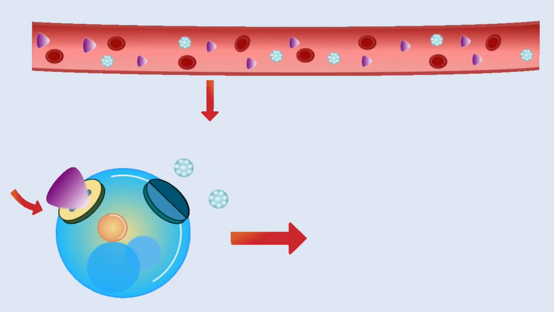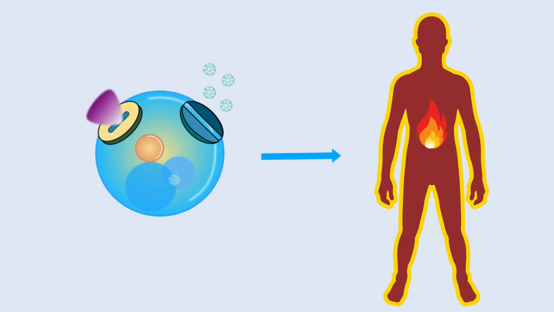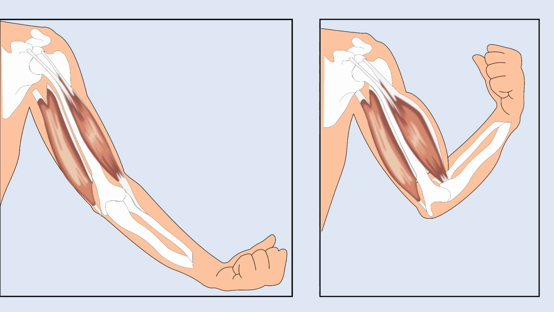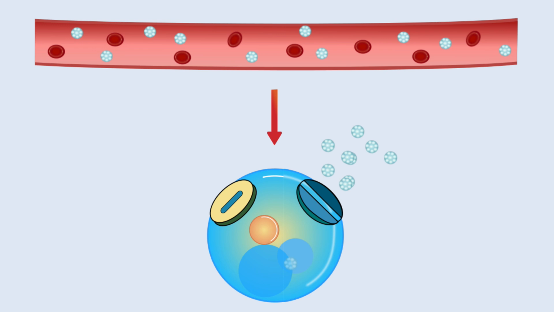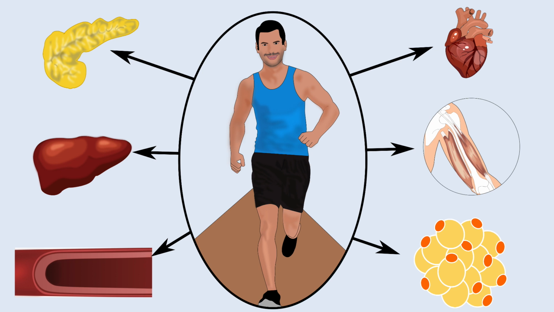Cells take glucose from the blood with the help of insulin. Inside the cells, glucose is converted into energy. Muscle contraction also brings glucose into cells, even without insulin. So, glucose uptake is usually better after exercise. This is why exercise helps keep us metabolically healthy.